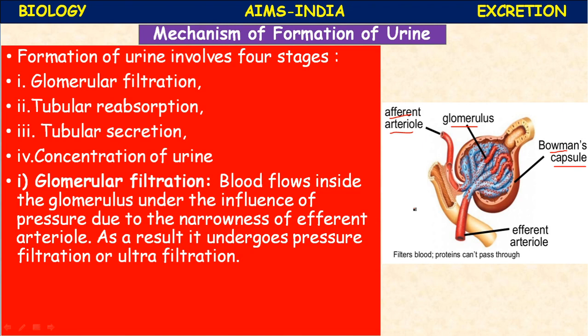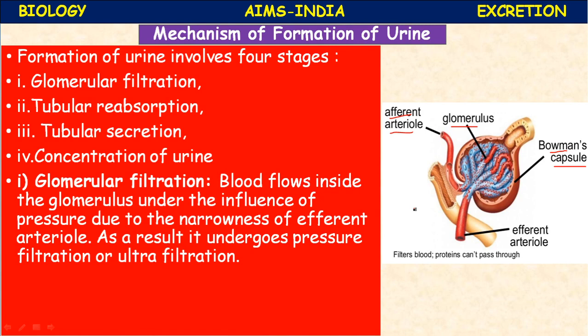Okay. So here only unwanted useless substances present in the blood are filtered, and useful substances like some amino acids, glucose, certain hormones, they cannot be filtered. Only nitrogenous waste materials, excess of water, excess of salts, they are filtered.